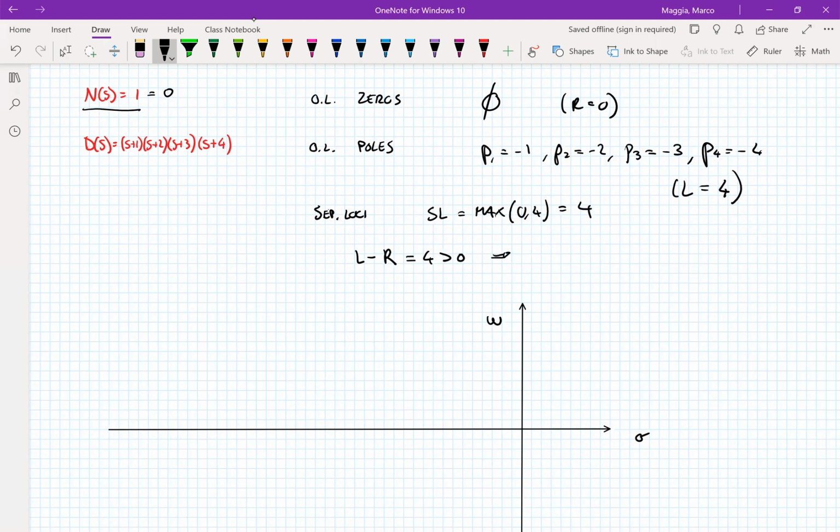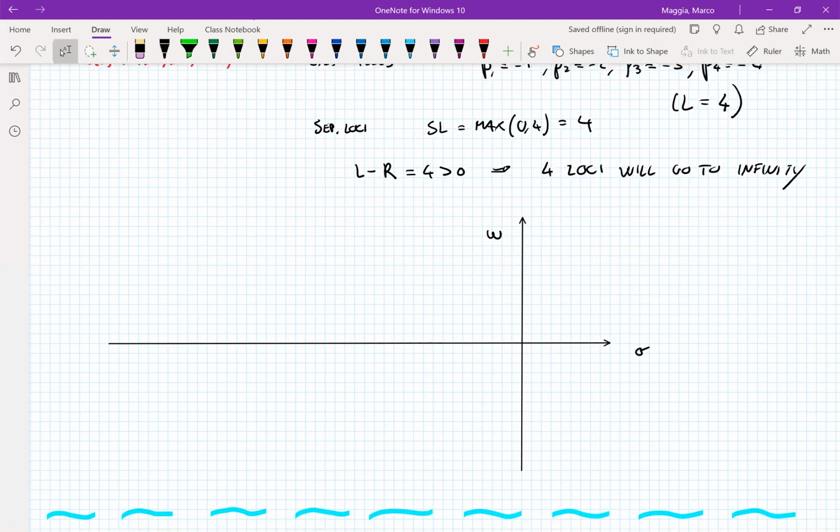So all 4 branches of the root locus will go to infinity, because we don't have any open loop zeros, so all of the open loop poles will have to go to infinity looking for their friends, for their better halves.